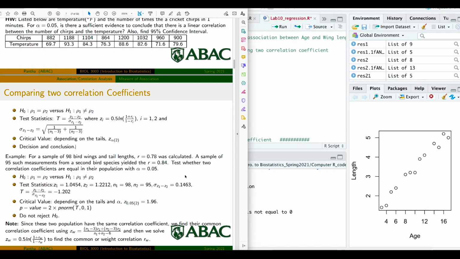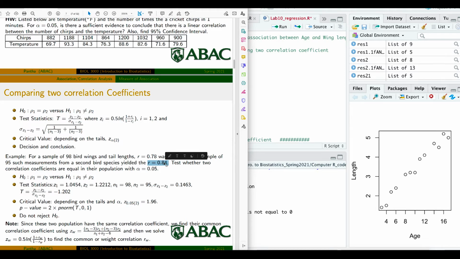Suppose that r, the sample correlation coefficient, is 0.78. A sample of 95 such measurements from a second bird species yielded that the sample correlation coefficient is 0.84. Test whether the two correlation coefficients are equal or not.